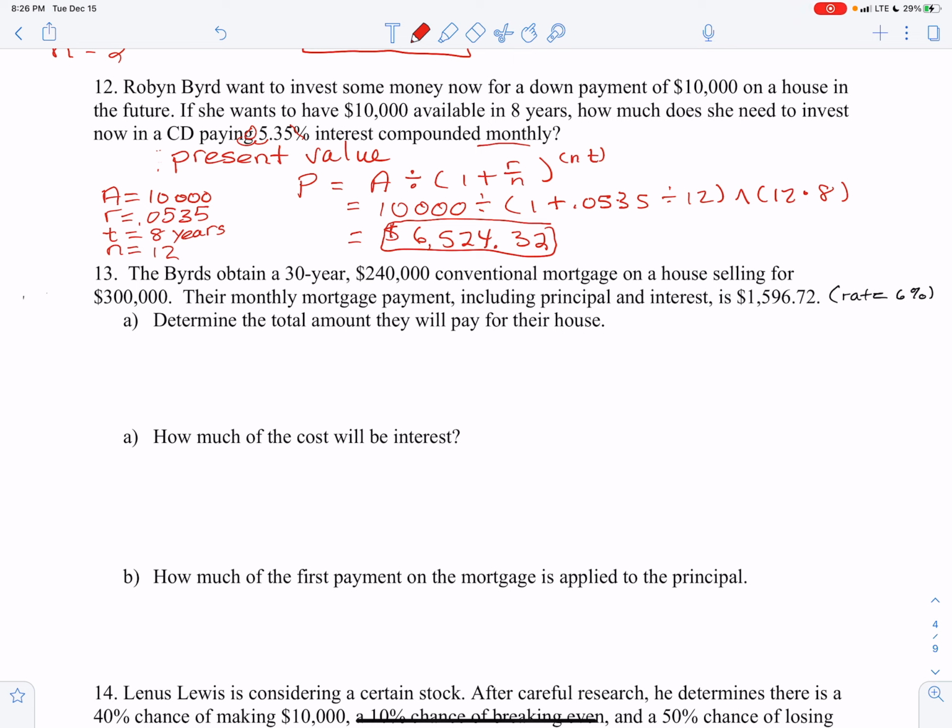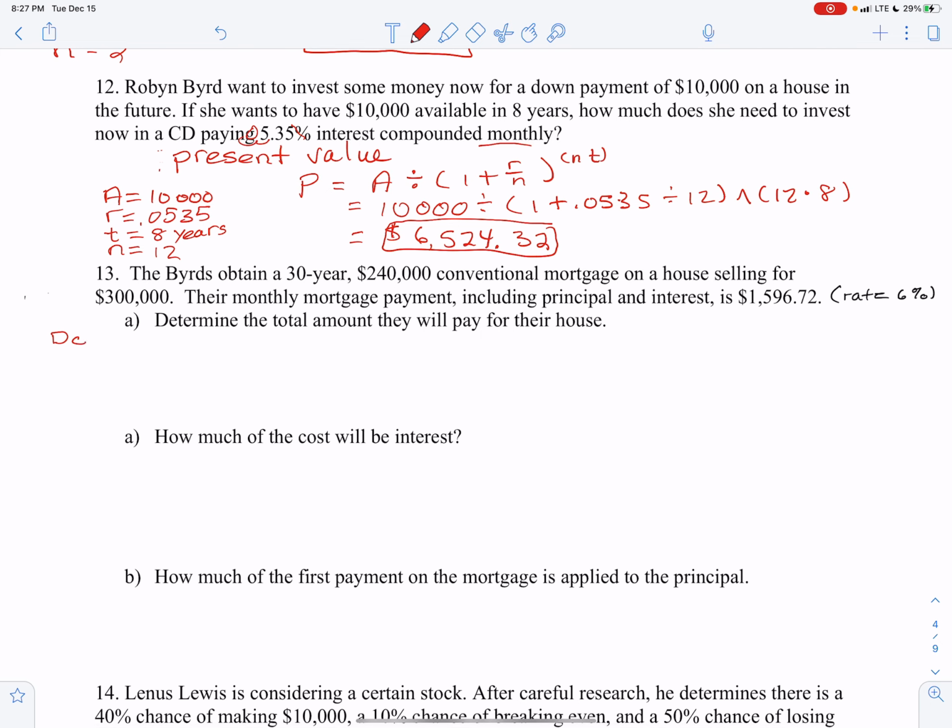All right, well, they paid some in advance, so let's find out what that is. They paid a down payment. If the selling price was $300,000 and they obtained a $240,000 mortgage, they paid $60,000 up front.